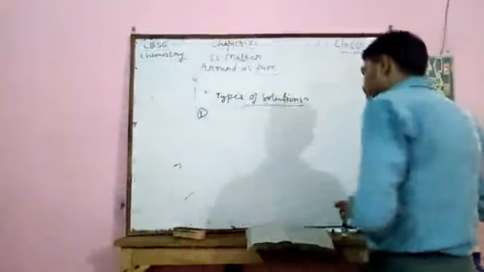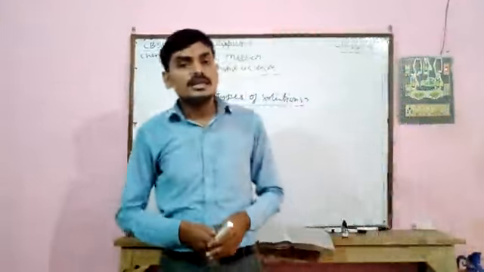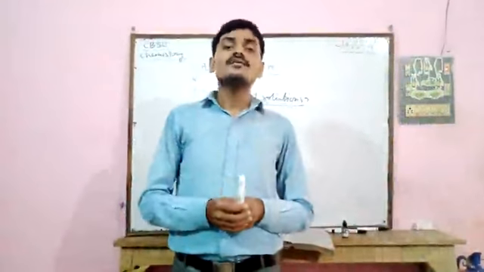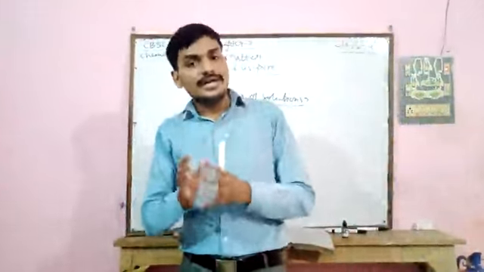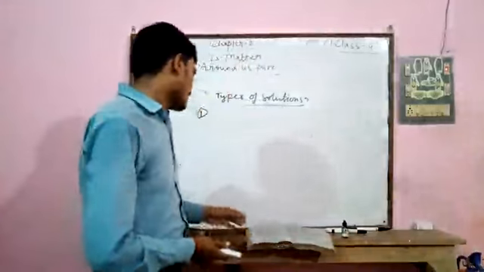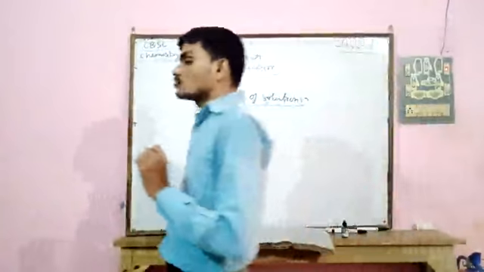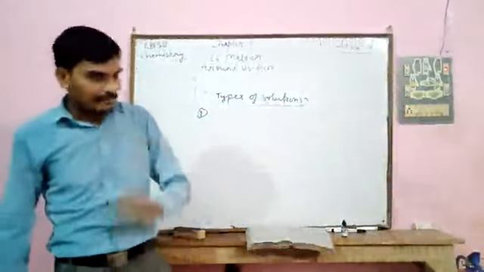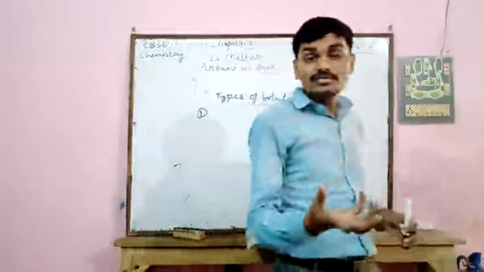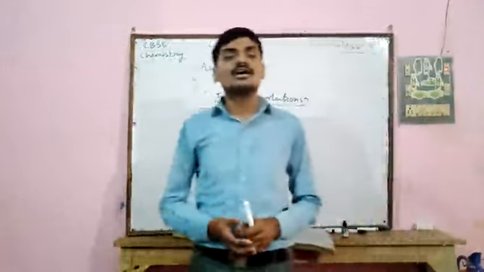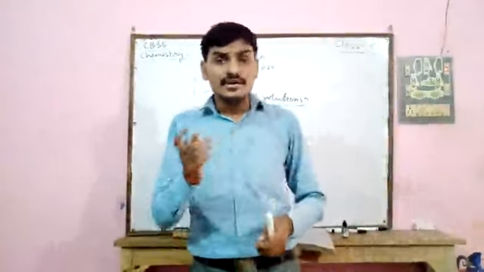Metal alloys like zinc in copper are examples of solid in solid. Now the second is solution of solid in liquid. For example, sugar solution and salt solution are examples of solid in liquid.